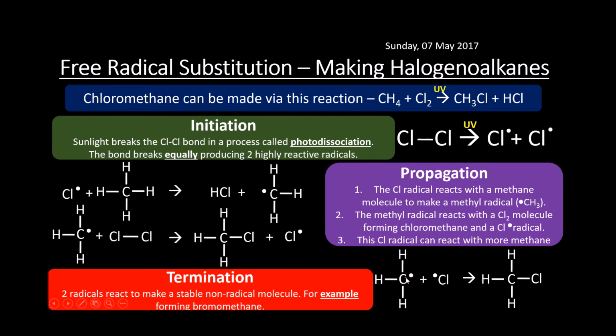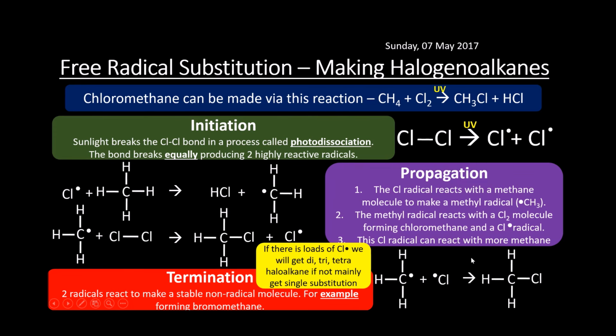You can have a few termination steps. Obviously, any two radicals that collide, they will terminate and they will form a non-radical, which is more stable. So if there's loads of Cl dot though, loads of chlorine radicals, then what we get is multiple substitution. So we get di, tri, tetrahaloalkane, and basically we don't get this pure product.